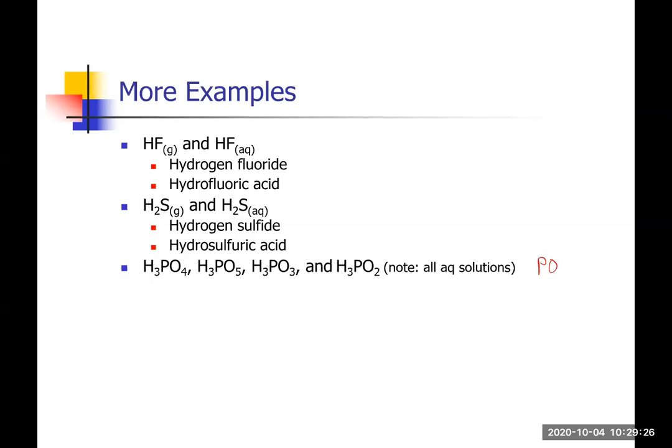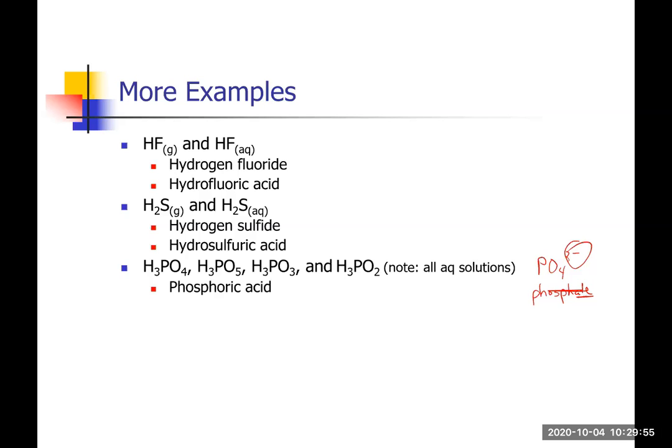So from memory, we have PO4 3-, which is phosphate. That is our representative, and we're going to convert that ATE to an IC. We need to add the 3 hydrogens to neutralize this -3 charge. So H3PO4 is phosphoric acid.